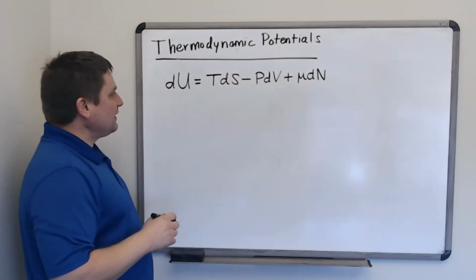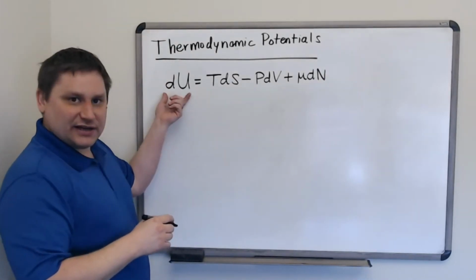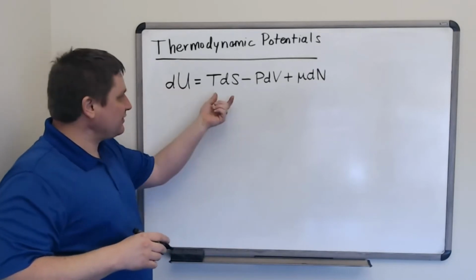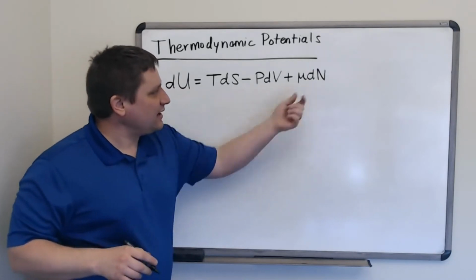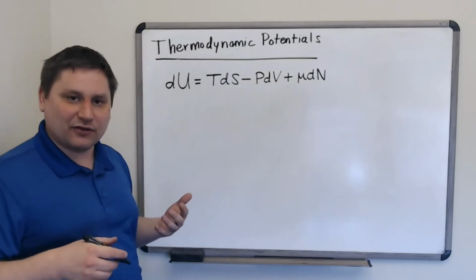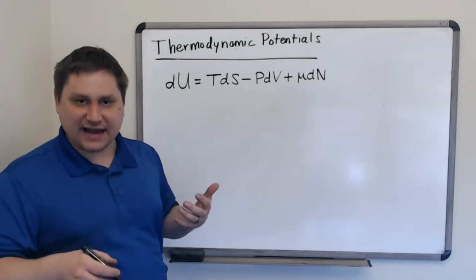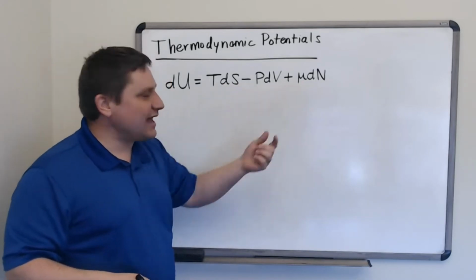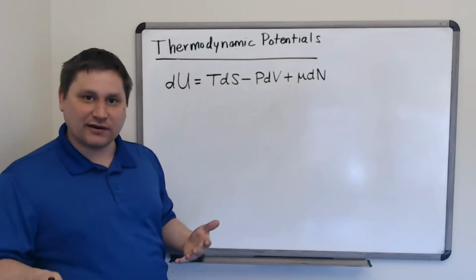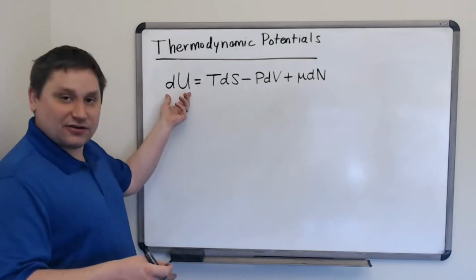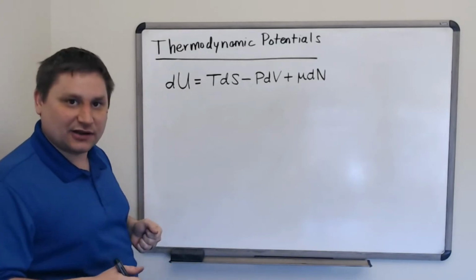This means that the internal energy as a function has a special relationship to entropy, volume, and particle number. If we think of these as variables in an exact differential scheme, the dS, dV, and dN are the independent coordinates of a space where internal energy is the function that underlies them.